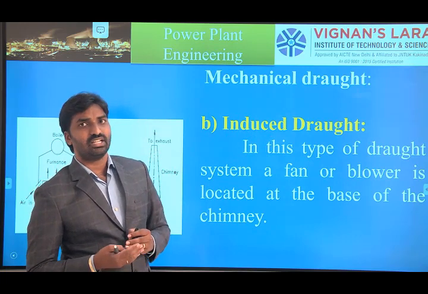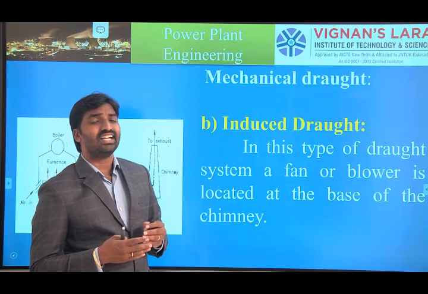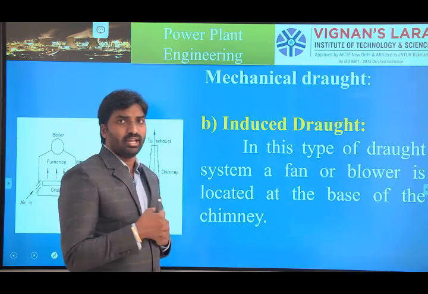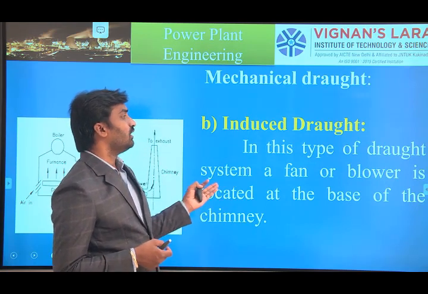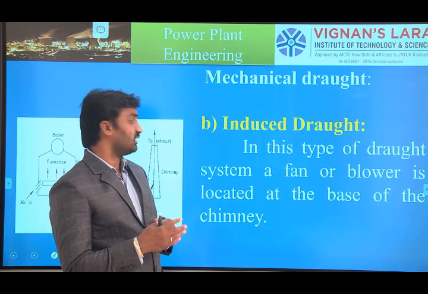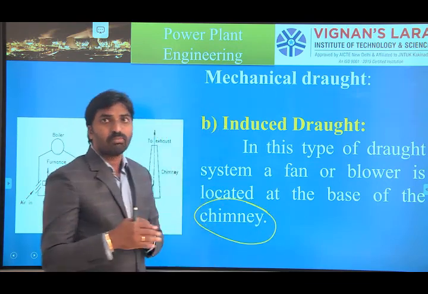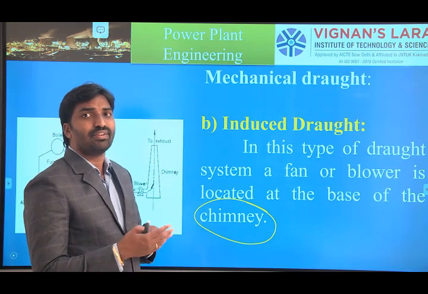In this draft system we are using an external fan or blower to remove the air from the furnace point. In this type of draft, a fan or blower is located at the base of the chimney. This is very important: where are we placing the blower or fan? At the base of the chimney.